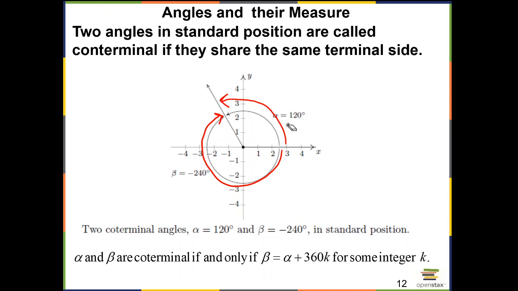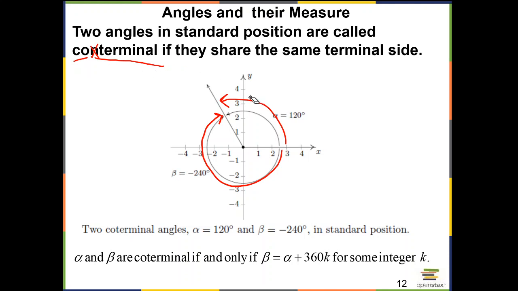So these two angles, 120 degrees and negative 240 degrees, are called coterminal angles. There is an extra n there, forget about that. Coterminal angle, not conterminal. Coterminal angle.